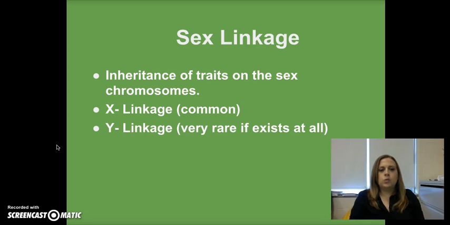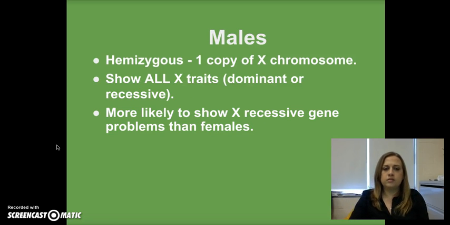Sex linkage is when you have inheritance of traits that are found on the sex chromosomes. And so X linkage is very common. Y linkage is very rare if it exists at all. Males are considered hemizygous, meaning they only have one copy of the X chromosome, and so because of that, they are going to show all the traits on the X chromosome that they have, whether or not they're dominant or recessive.